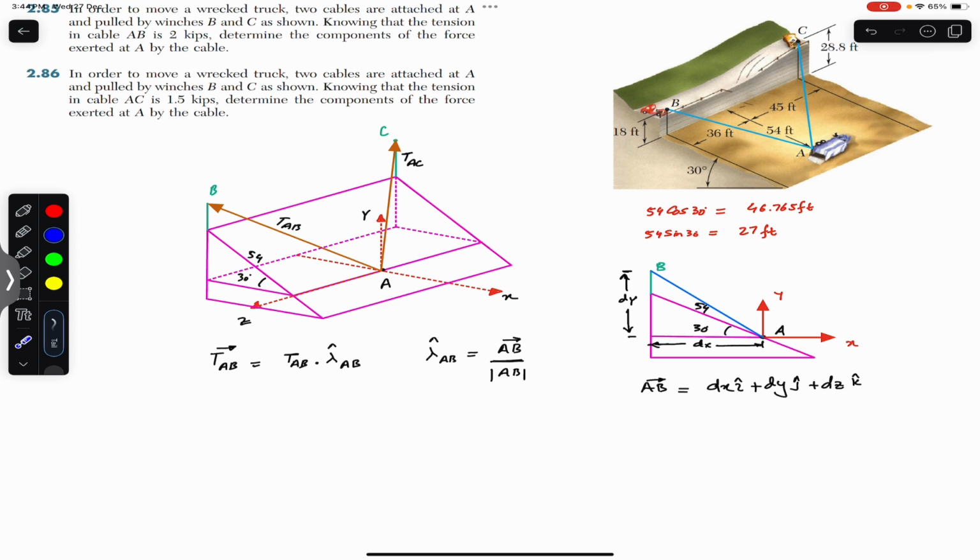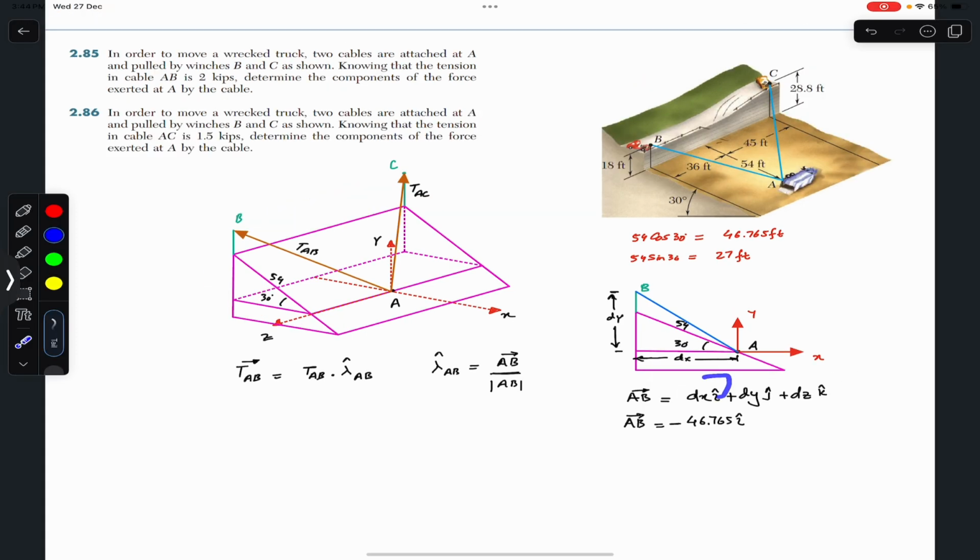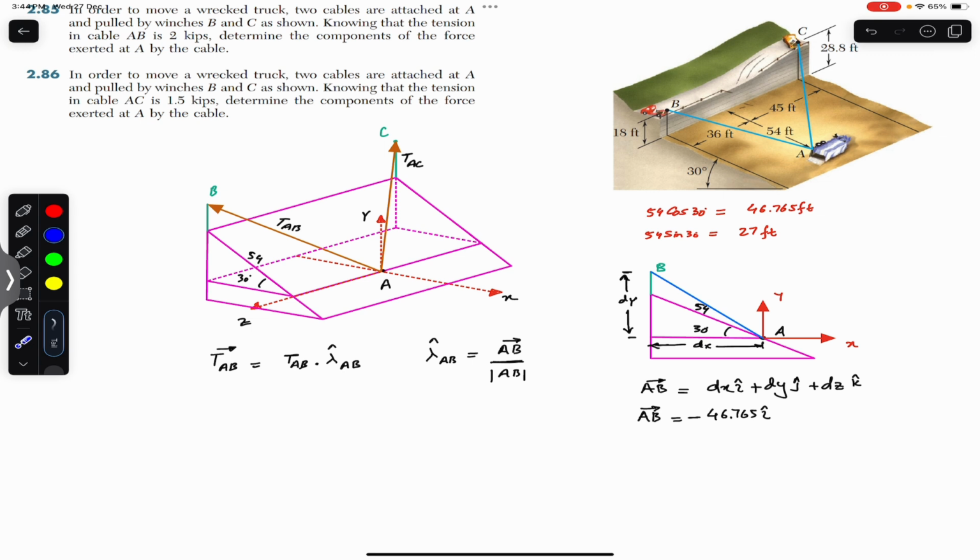So this means that dx in the position vector AB is minus 46.765 i. So these dx, dy, and dz are the components of the position vector from A to B. The magnitude of the separation between point A and B is 46.765, but we need to travel in the negative x. That is why we need to write the minus sign here.